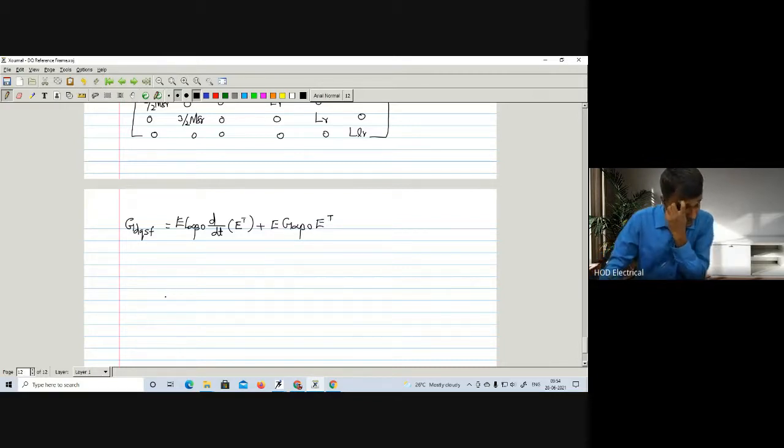So this is nothing but the complete DQSF matrix. Let me explain how we have to derive it now.